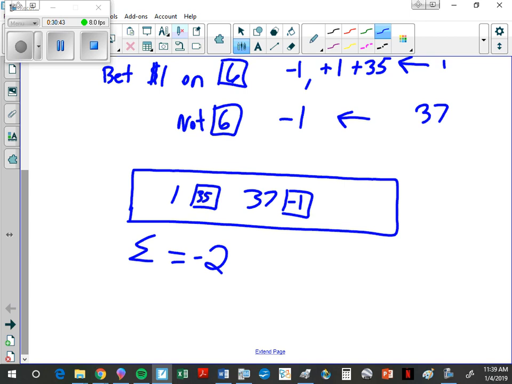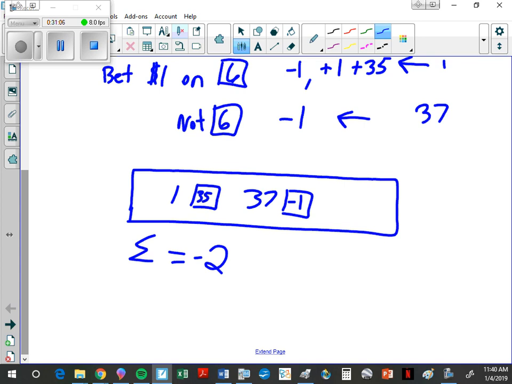What does that mean? You lose $2 every time you play 38 times. That's what the sum of the box means. If you draw out all of the tickets of the box, you end up losing $2. Now, that's not going to happen to everybody. Some will be higher, some will be lower, but on average, it will be -2.